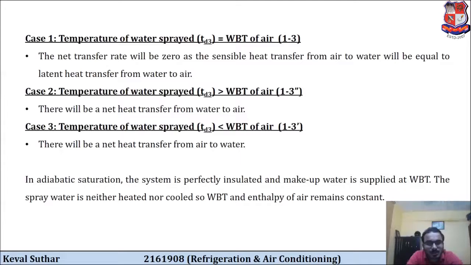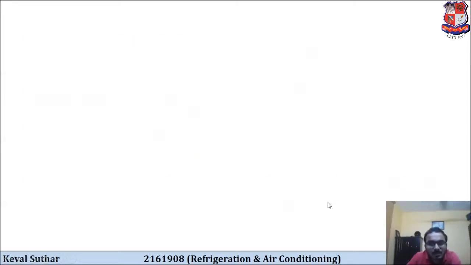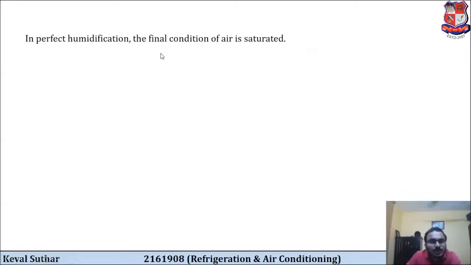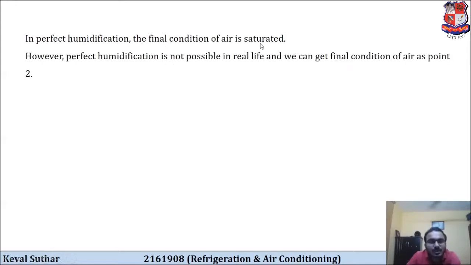So in adiabatic saturation, the system is perfectly insulated and makeup water is supplied at wet bulb temperature. So we will focus on case number 1 here, that we will supply the makeup water only at wet bulb temperature. The spray water is neither heated nor cooled. So wet bulb temperature and enthalpy of air remain constant. Now in perfect humidification, the final condition of air is saturated.